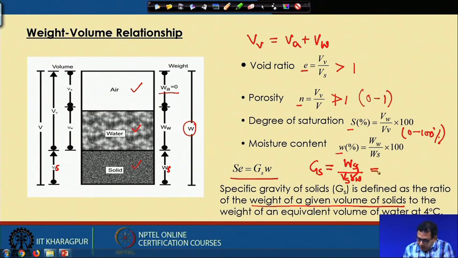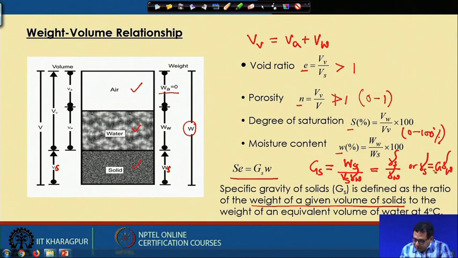So, I can write in another way, this is gamma_s divided by gamma_w. So, I can write gamma_s is equal to G_s into gamma_w, where gamma_s is the unit weight of the solid.